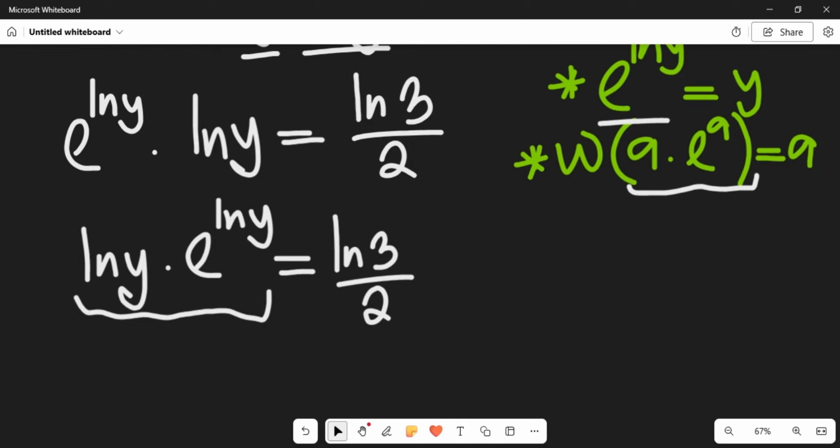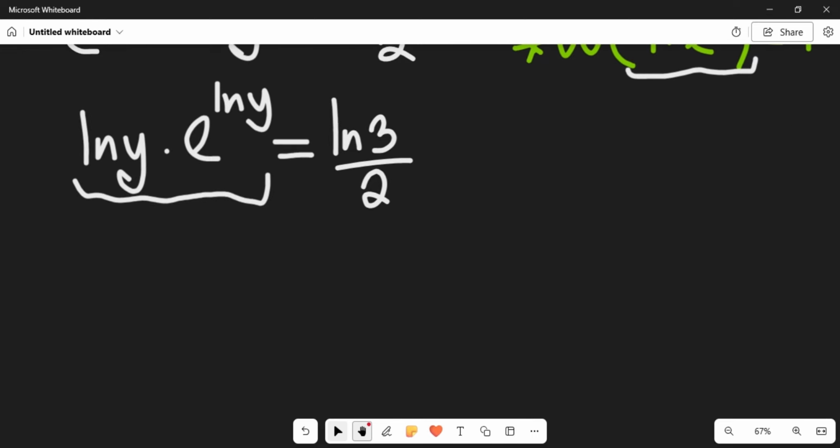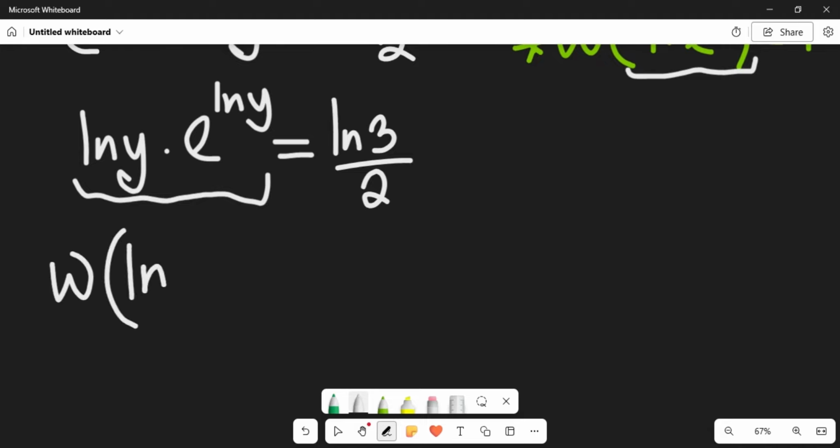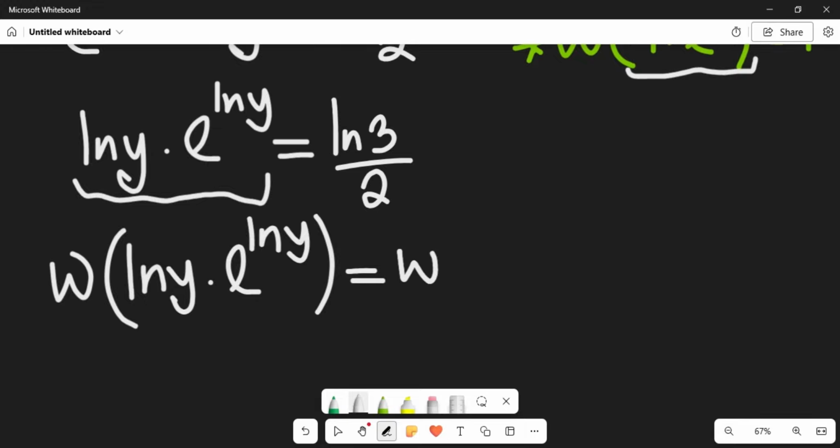Now, if we consider taking the Lambert W of both sides, we'll have the Lambert W function of ln y multiplying the exponent value of ln y, and this will be equal to the Lambert W of ln 3 divided by 2.